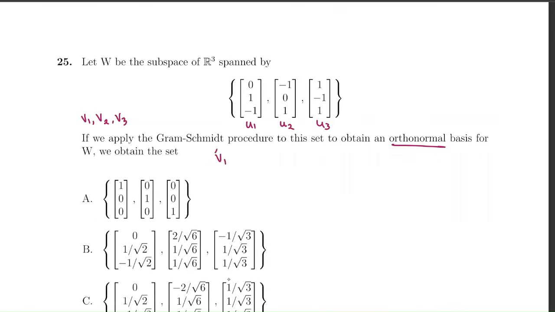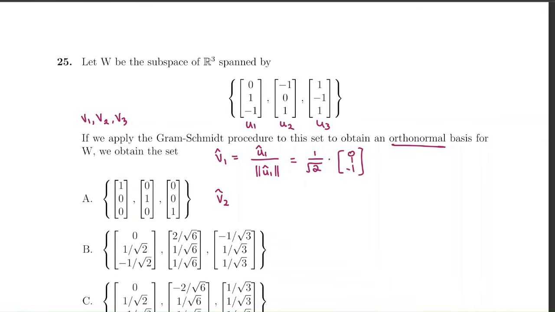So v1, I'm going to set as equal to u1 divided by the magnitude of u1. 1 squared plus -1 squared plus 0 squared is just 2, so I square root that to get the magnitude. So v1 is 1 over square root 2 times u1, which is 0, 1, -1.